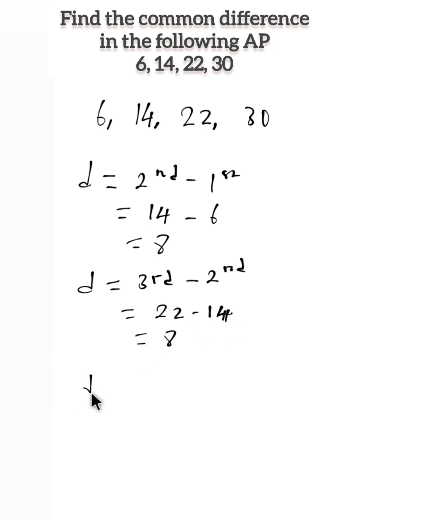The common difference can also be calculated using the fourth term minus the third term, which is 30 minus 22, which is also 8. Of course, you don't really need to solve it all the times. You can use any of these, and it will give you the same answer. You just have to solve only one of those. So the common difference of this sequence is 8.